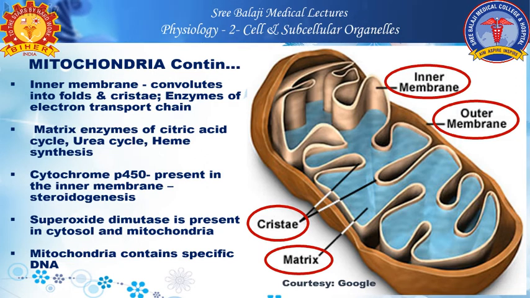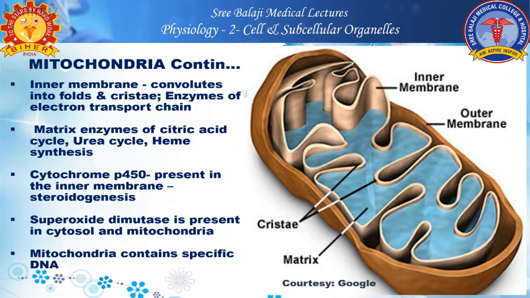Mitochondria contains a DNA. We saw that the nucleus contains DNA. Nowadays so much importance and focus is being given to mitochondrial DNA. So now we know the functions of mitochondria and what is present in the mitochondria to enable that function. Okay, fine.